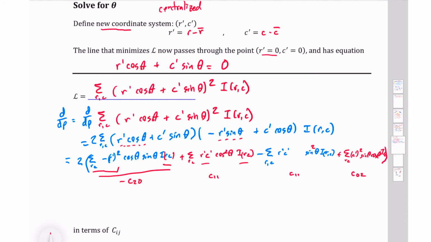And so now I can write these in terms of C_ij's, and I get it's equal to the quantity 2 times, here I've got negative C20 times cosine theta sine theta, and I've got plus C11 times cosine squared theta minus C11 times sine squared theta plus over here C02 times sine theta cos theta.